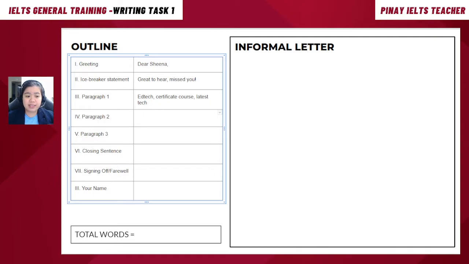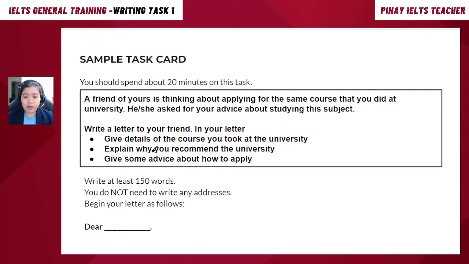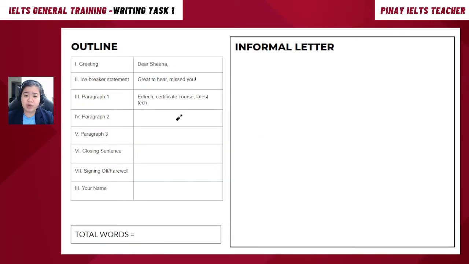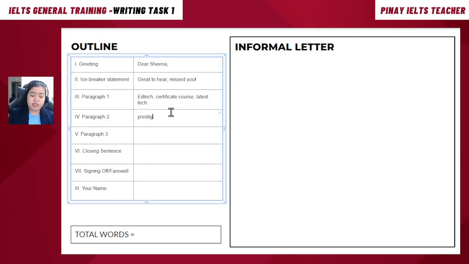Okay, so that's it. How about for bullet point number 2, explain why you recommend the university. So I'm thinking something like, it's a prestigious university. Okay. And perhaps it may be the only university in the country that offers that course. All right.